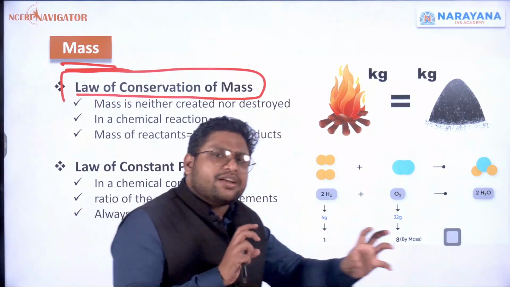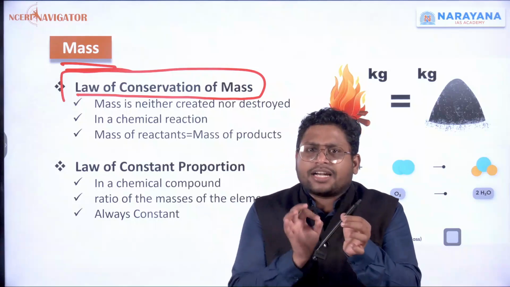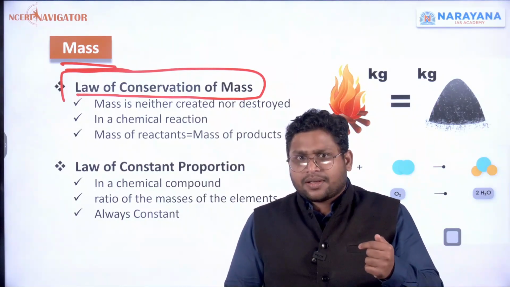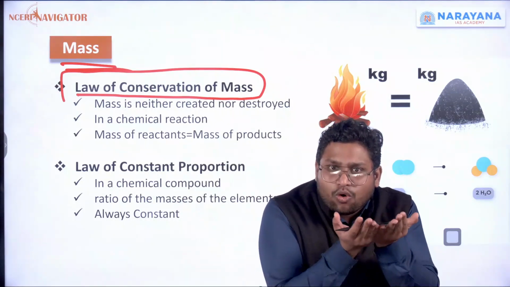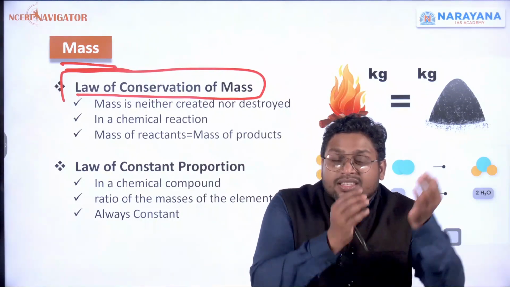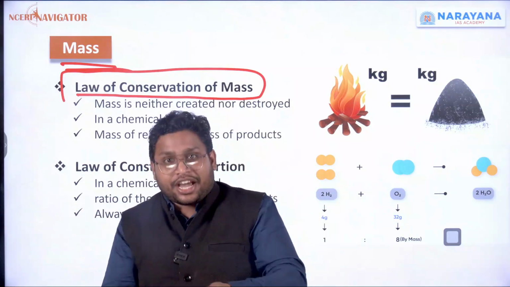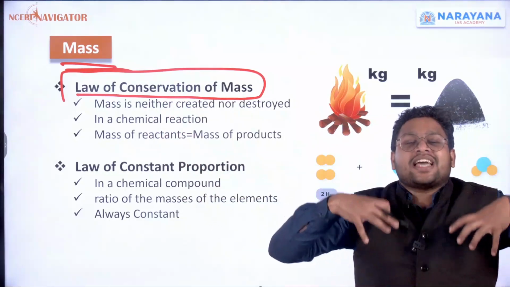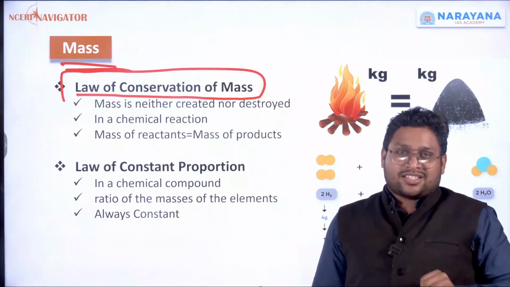So if there is a chemical reaction going on, let's say I have taken some wood and I have started burning it. We said burning is a chemical reaction. But before burning, whatever matter was present over here, the same amount of matter will be there even after the chemical reaction. And whatever amount of matter is there in you or any particular object, that is called mass.